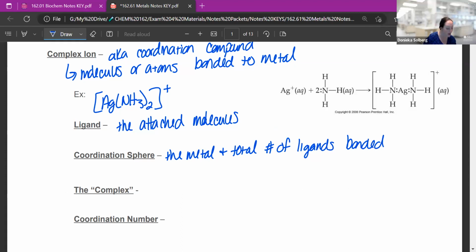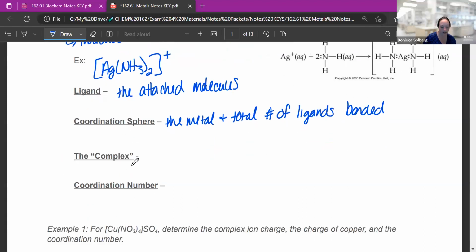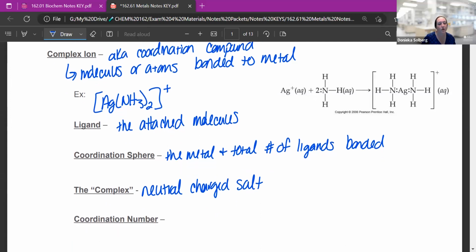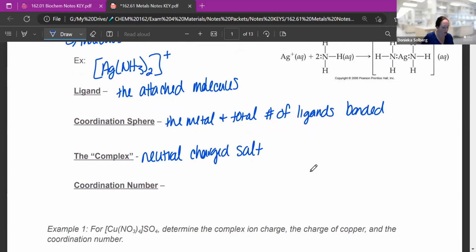The complex is the neutral charged salt. How is that different? If you noticed, this coordination sphere, this complex ion, is an ion. It has a charge of plus, and you can't just have positively charged ions existing. It has to be a plus and a minus, so there have to be two things together. The one with the other part is the complex, the neutral charge salt.